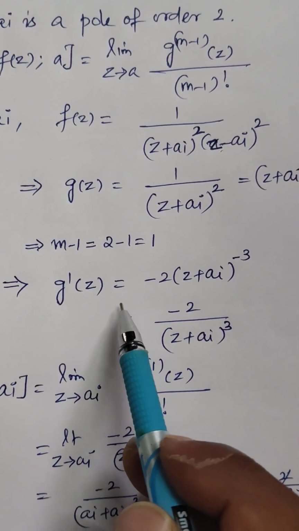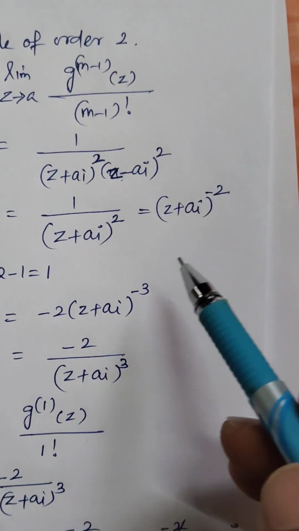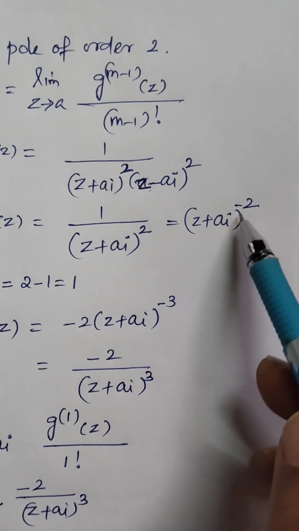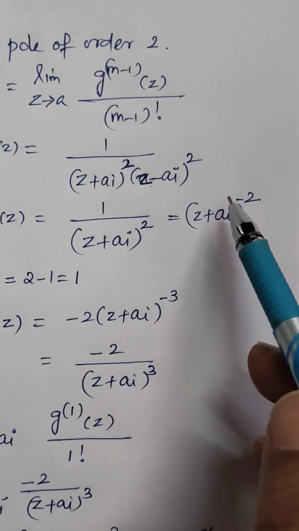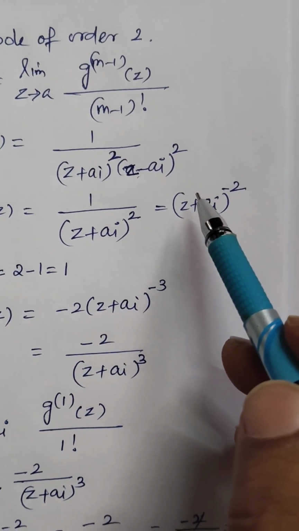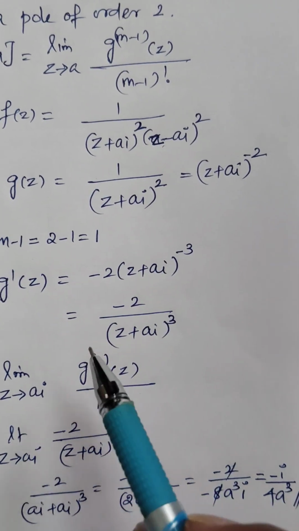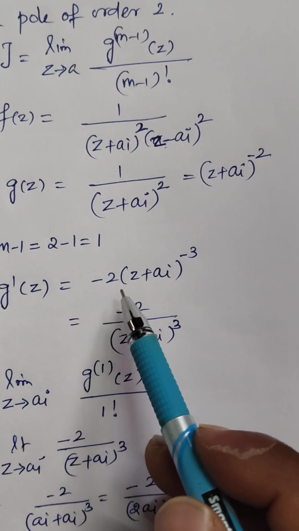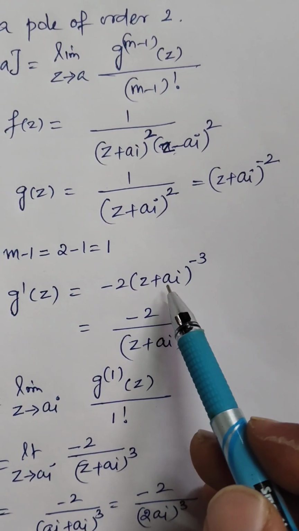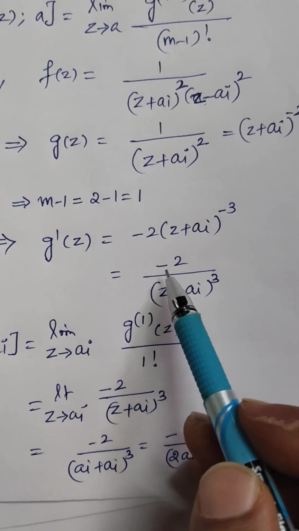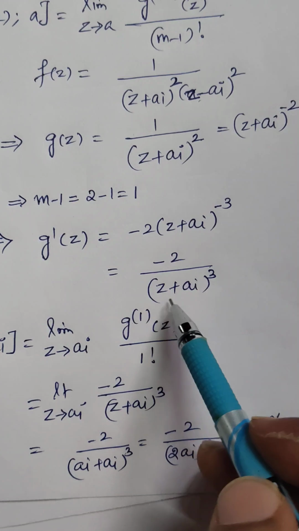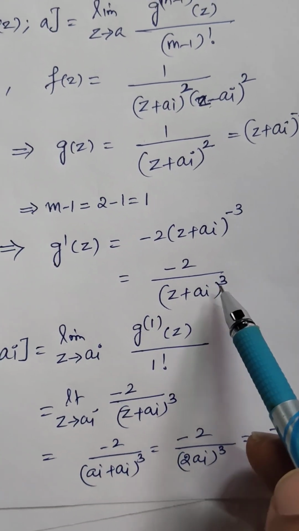So g dash of z is the derivative of (z plus ai) whole power minus 2. We know that if it is z power n, the derivative is n z power n minus 1. So we get minus 2 (z plus ai) whole power minus 3, which is equal to minus 2 divided by (z plus ai) whole power 3.